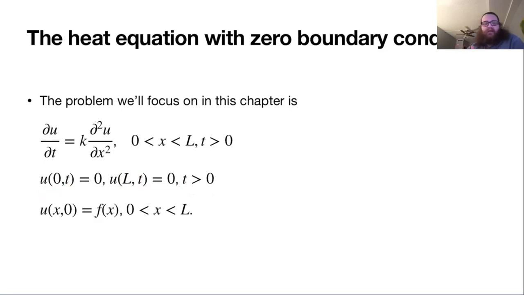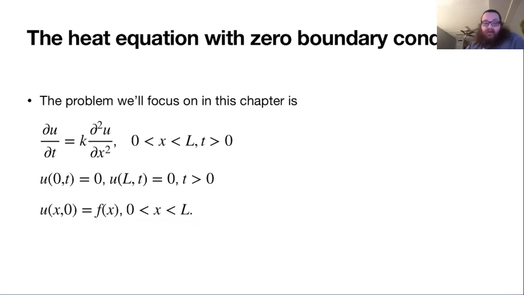And then finally, we're going to specify an initial condition that says, here's what the initial temperature profile is. And that's just going to be some function f of x. One note is that here, we have strict inequalities.